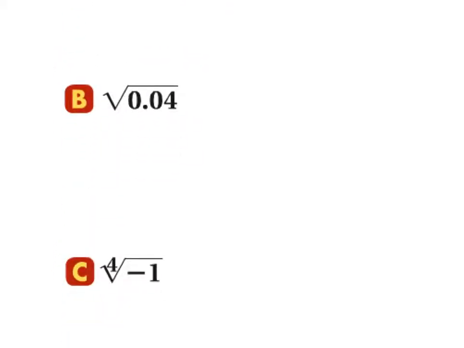Let's look at part B. The square root, how do I know it's a square root and not a cubic root? There's no index written. So it's assumed, or it's known, to be a 2. So the square root of 0.04 without a calculator. What's the square root of 4? 2. Now remember, square root means that I'm taking a number times itself and I'm getting 0.04.